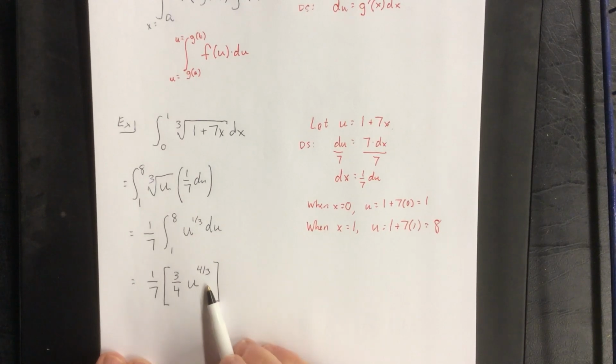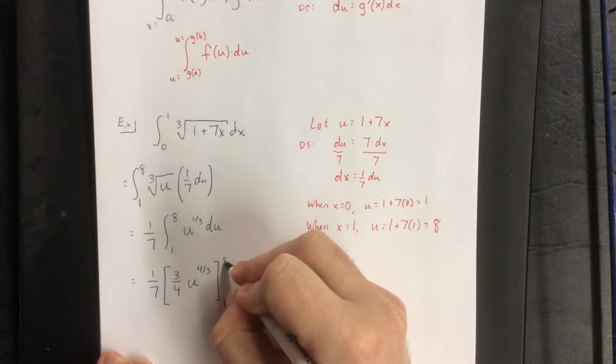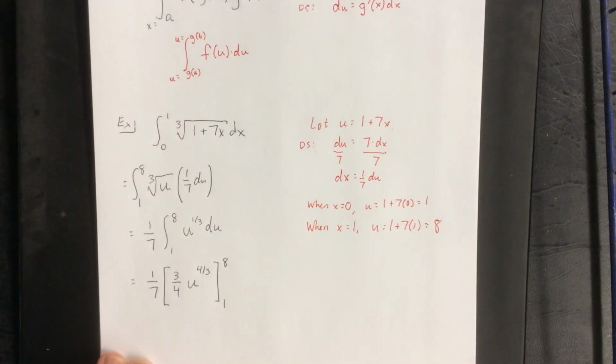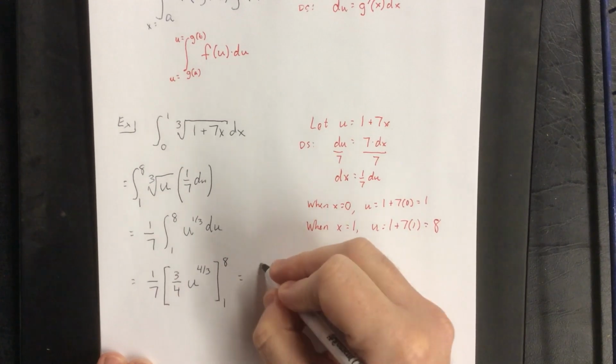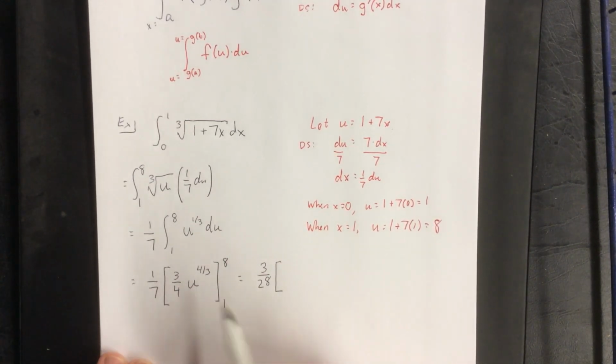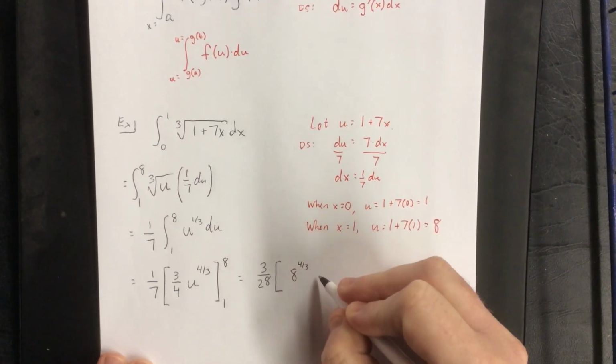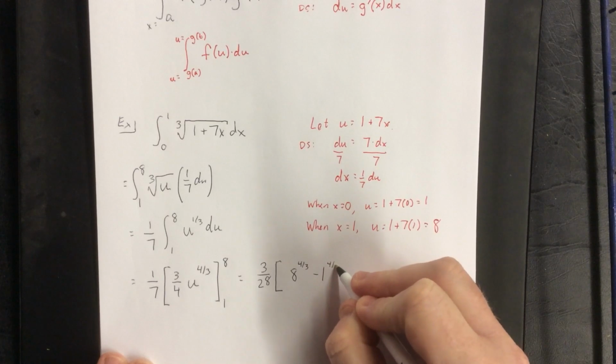It is not necessary to use a plus c because we're dealing with a definite integral. This is going from lower bound 1 to upper bound 8. Multiplying our two constants together, this will be equal to 3/28 times, plugging in 8 for our upper bound, 8 to the 4/3 power, minus our lower bound, 1 to the 4/3 power.